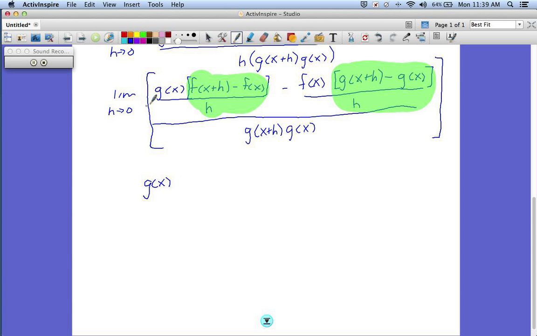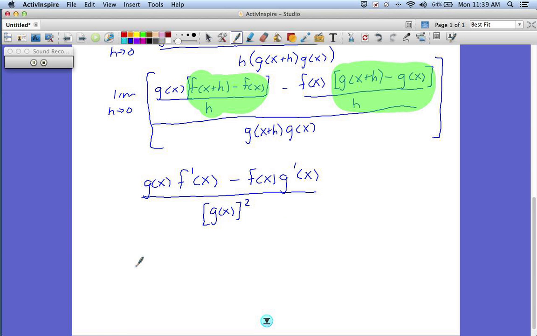The limit as h approaches 0 of this is f prime of x, minus the limit as h approaches 0 of f of x, which is just f of x. This limit up here is g prime of x. And this is all divided by, look at what we get here. h is going to 0, so we have g of x times g of x, which is nothing more than g of x squared.